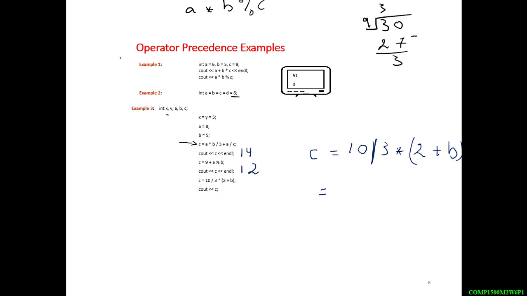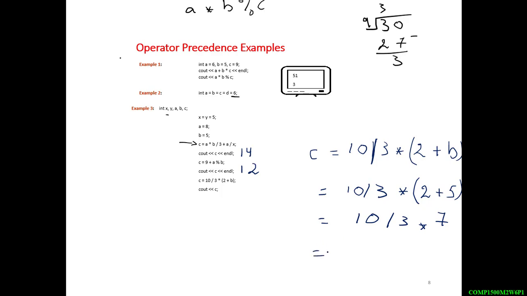In precedence, multiplication and division will have the same level. So we have 10 divided by 3 is 3, and 3 multiplied by 7 is 21. So our answers will look something like this. Now it will be 14, 12, and 21.